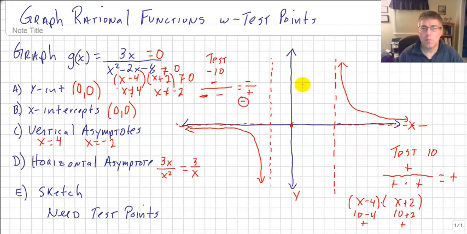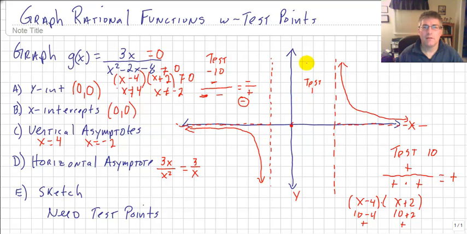We need to test one point in this region because if we test one of these inputs and we get a positive output, it has to go this way because all my outputs are going to be positive then. If we test an input in this range and we get a negative output, then we know all of them are negative in this range. So let's check and see what happens. Let's test 1.